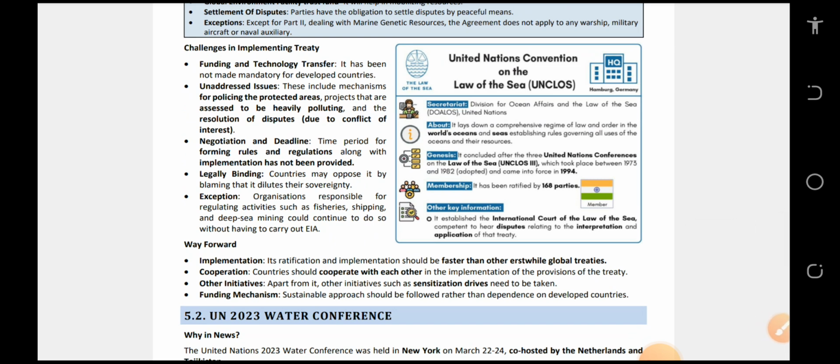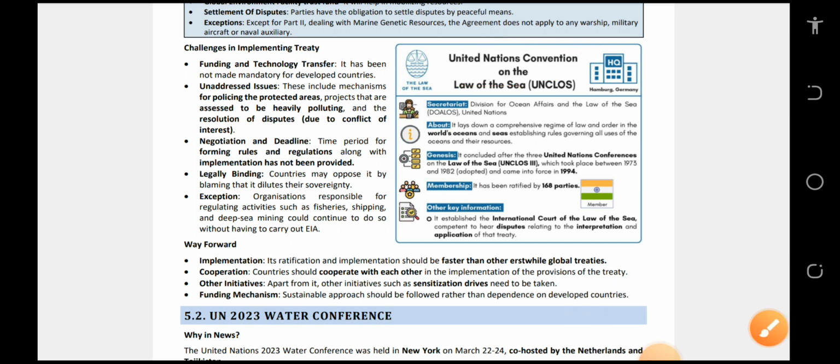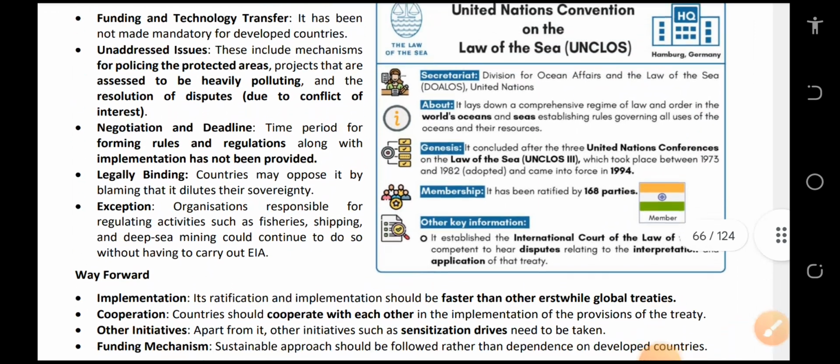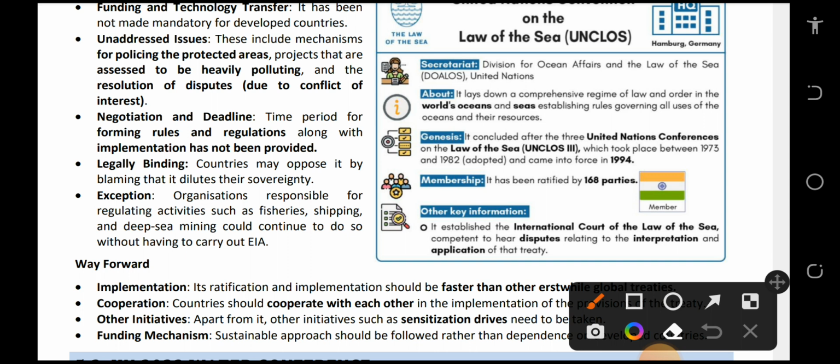Next, in the block, is the United Nations Convention on the Law of the Sea. What is this? We have to see in detail. The first point given here is the Secretariat: the Division of Ocean Affairs and the Law of the Sea, United Nations.